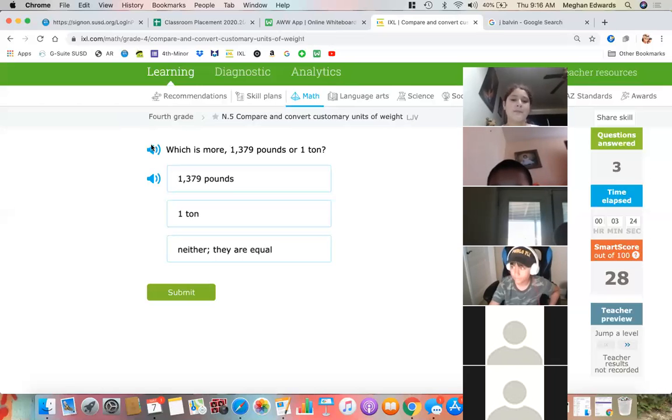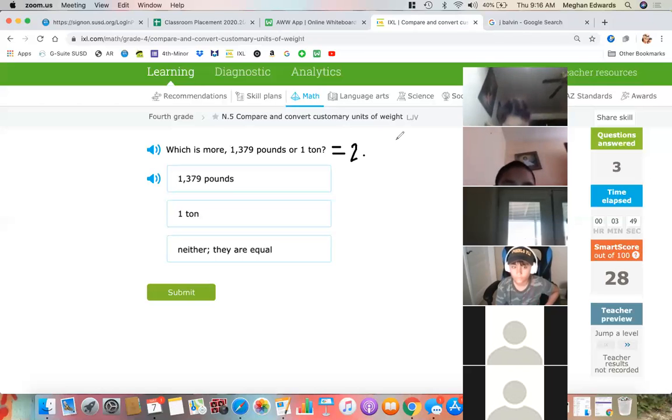We know that 1 ton is equal to 2,000 pounds. So we know that 2,000 is greater than this. So yes, you are correct. 1 ton is greater.